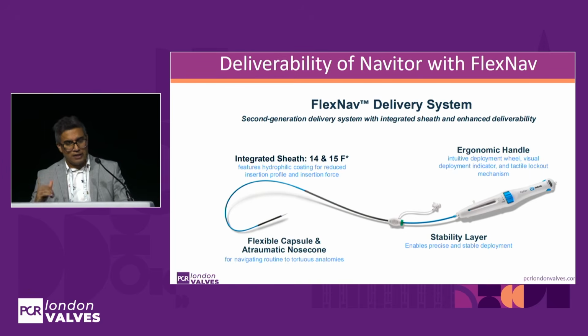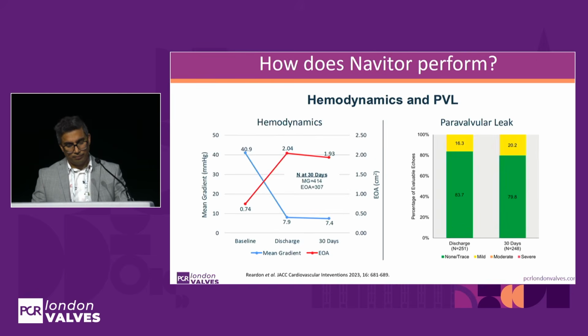And I think the FlexNav is the most flexible and deliverable system currently available. And of course, it's got excellent hemodynamics, and we know that it's got low PVL. So for these challenging cases, the Navitor larger frame valve is certainly a very stable and comfortable deployment that gives us some precise positioning.